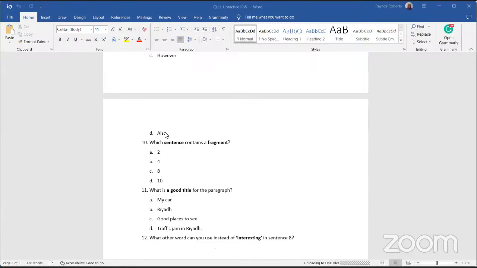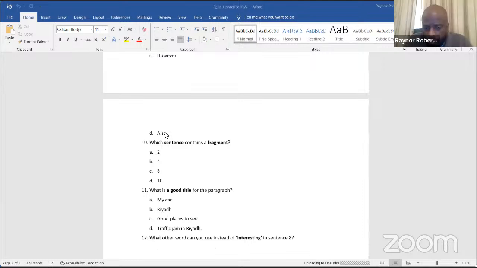So what is a good title? The title is My Car because the paragraph is talking about the use of the author's car, how he uses the car, what purposes he uses the car for.